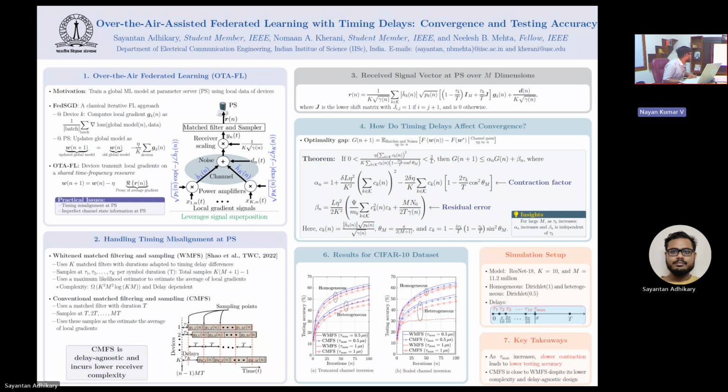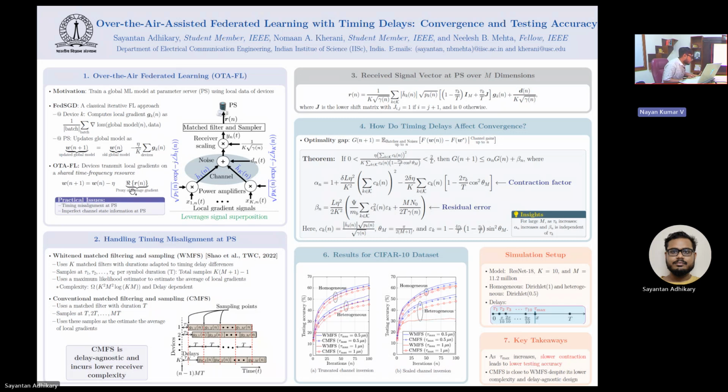looked into something simpler. What if we use a conventional match filtering scheme which does not know the delays? Here is the picture of the conventional match filtering scheme, where after each symbol duration, that is T, capital T, the match filter duration, we take the samples at the end of this duration, and that's how we get m number of samples, and we use these samples as the proxy of Rn.